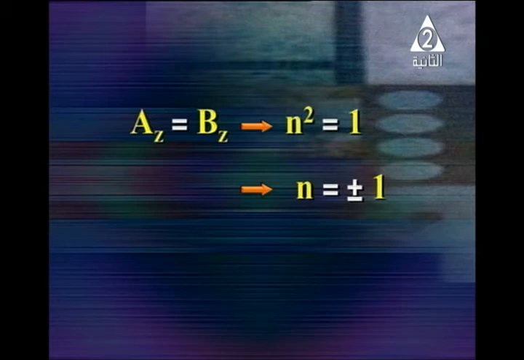When two vectors are equal, the component of X equals the component of X, the component of Y equals the component of Y, and the component of Z equals the component of Z. We deduce three equations to find the values of M, L, and N.